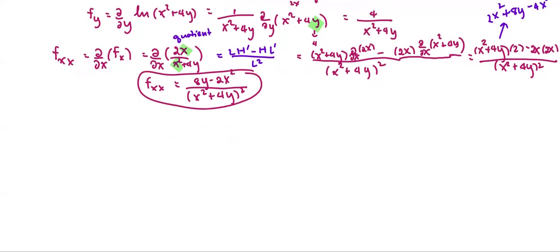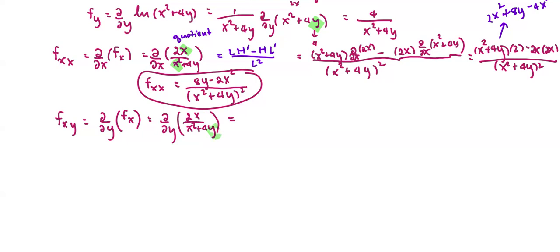And then the next one is the partial with respect to x and then with respect to y. That means we find the partial with respect to y of the first partial derivative with respect to x. We can use the same quotient rule, where we see y as the variable on the bottom.